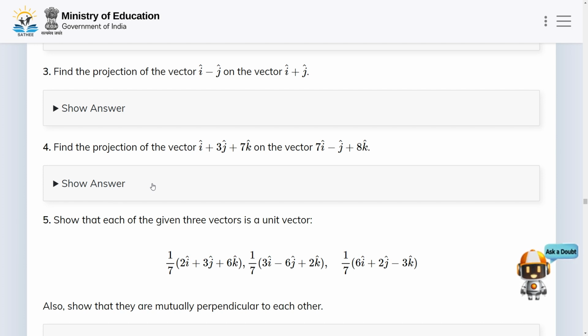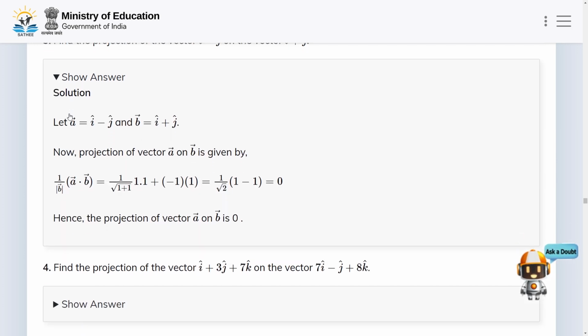So whenever you have to find the projection of a vector on the other vector, you first of all find the dot product of both of them and then divide by the second vector's magnitude.